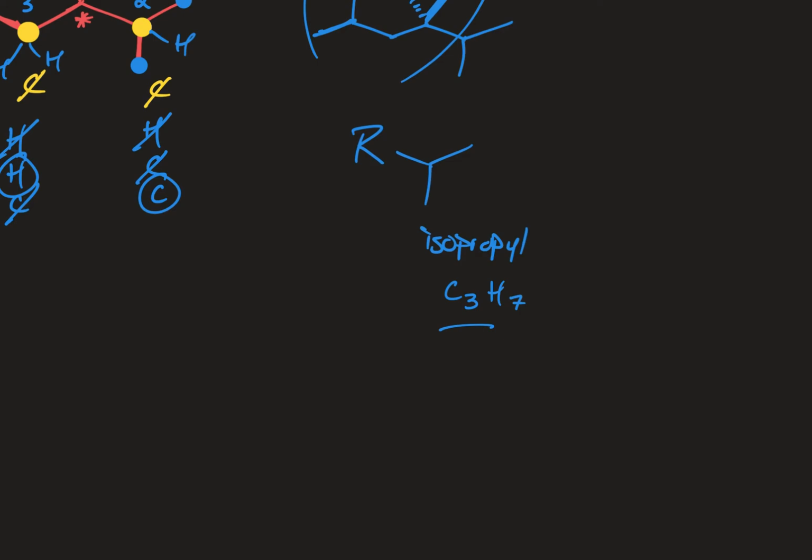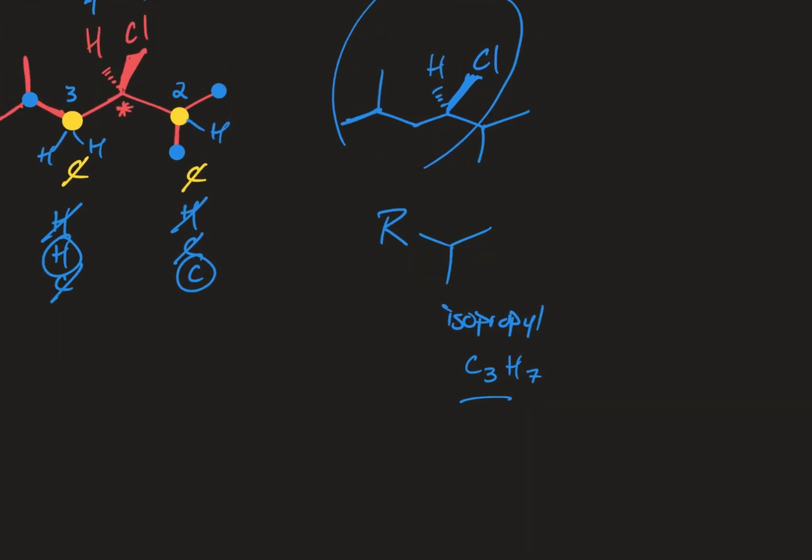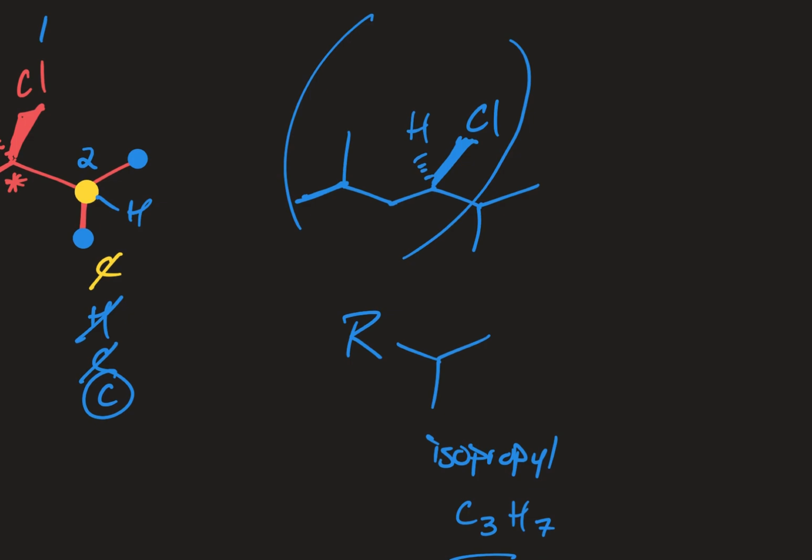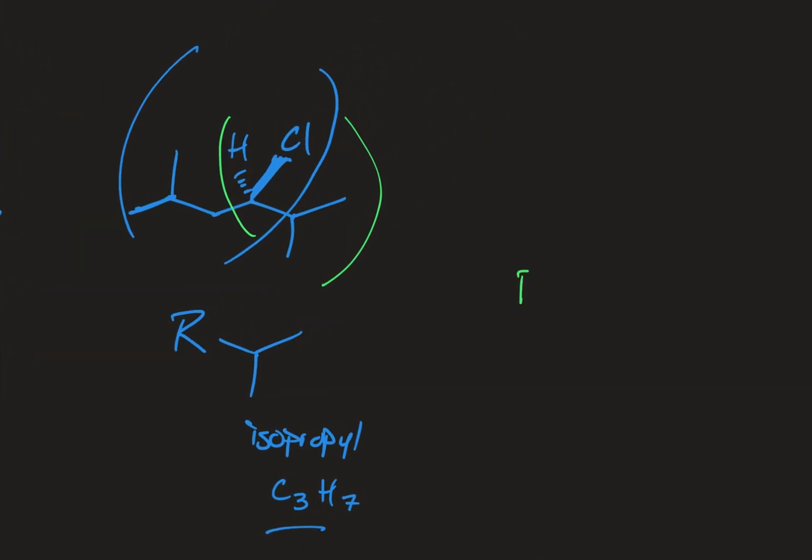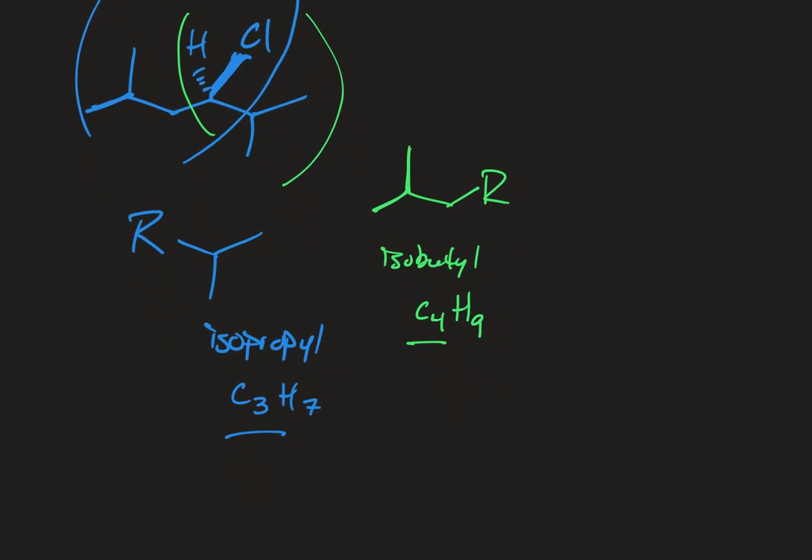More importantly, it has only 3 carbons. If I look at the left side and I group all that together, well then it's actually like this, and that is an isobutyl group, and that has C4H9. It's got more carbons and more hydrogens.